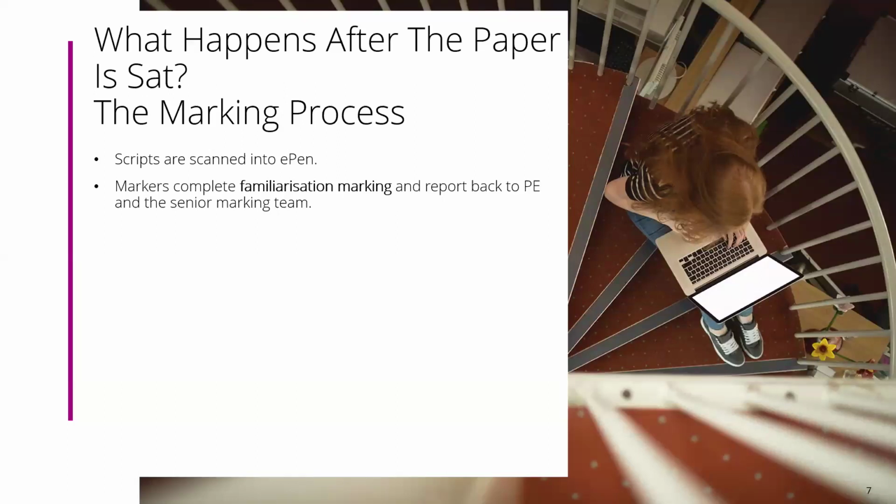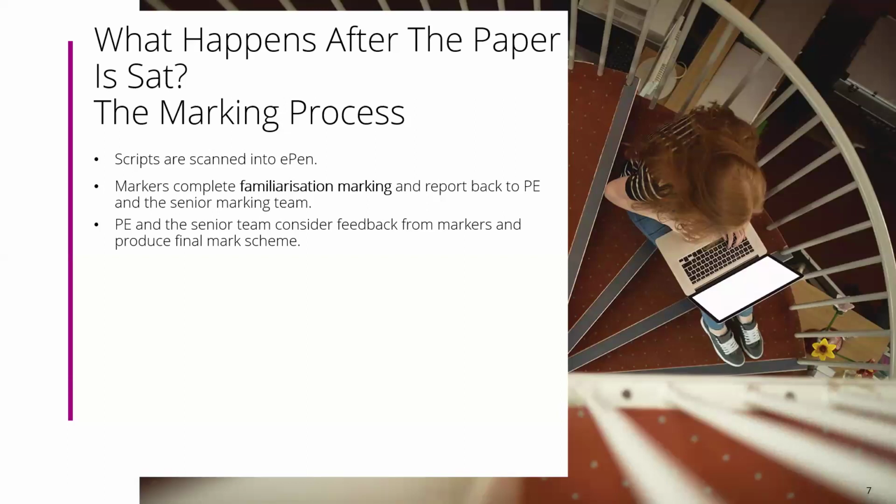But during familiarization marking, the markers will report back to me, telling me how well particular questions are performing, if students are answering them in the way we intended, or if they found another way of answering it that we hadn't thought of. And all of that feedback is very, very useful, because I use it then to rewrite the mark scheme.